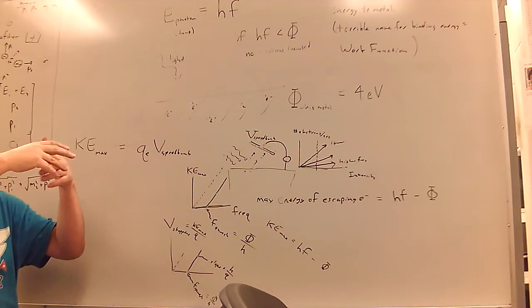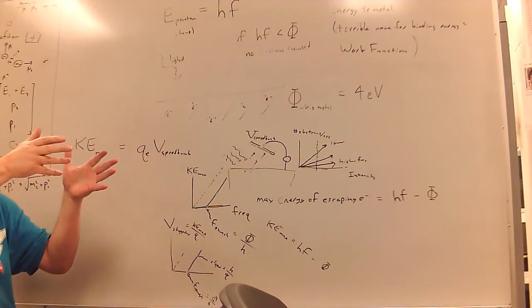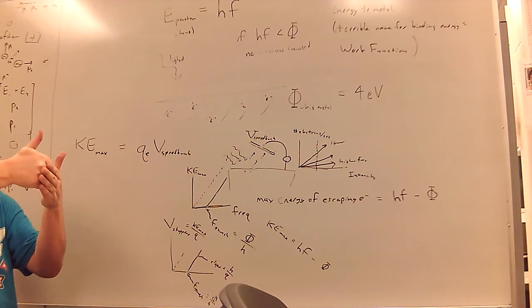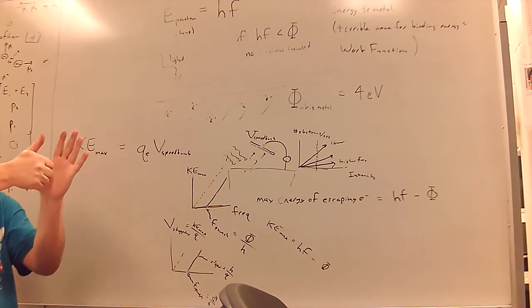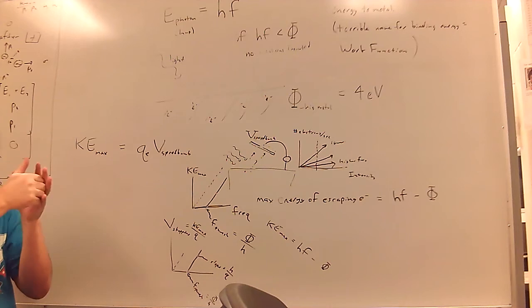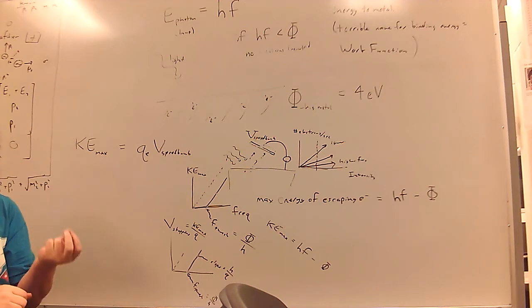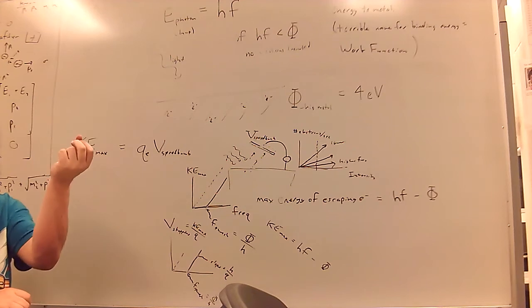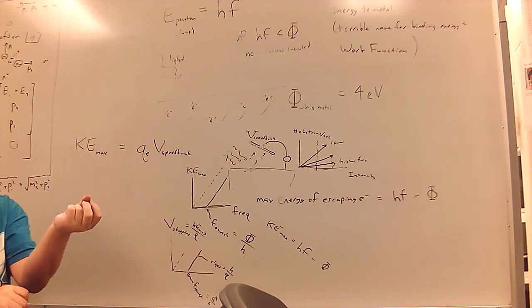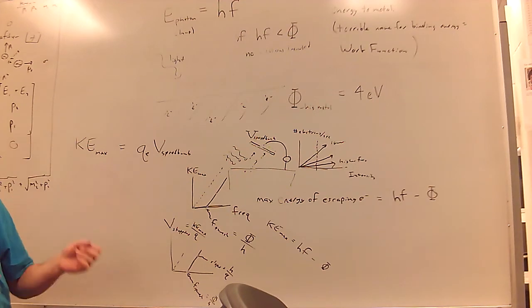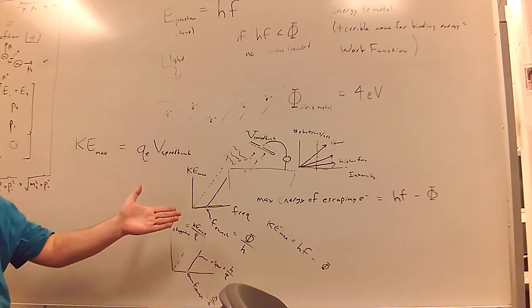The whole point of that stopping voltage was that it tells you how much kinetic energy they started with. V stopping would be the same thing as Ke max over the charge of an electron. So then my threshold frequency, F threshold, would still be the same as before.